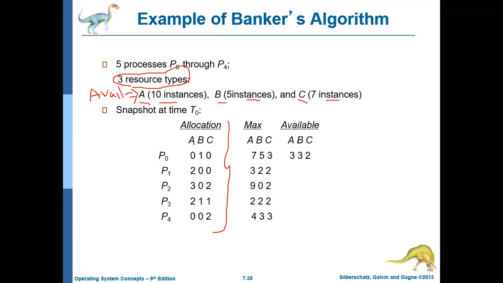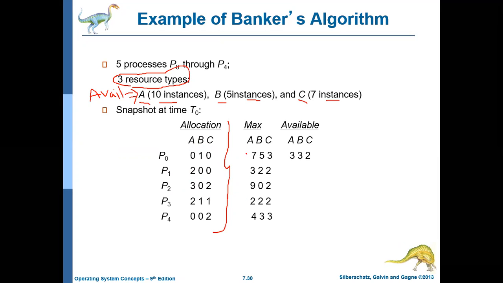Similarly, 2 instances of resource A are allocated to P1, 0 of B, and 0 of C. 3 instances of resource A are allocated to P2, 0 of B, and 2 of C. Like that, these many resources were allocated.